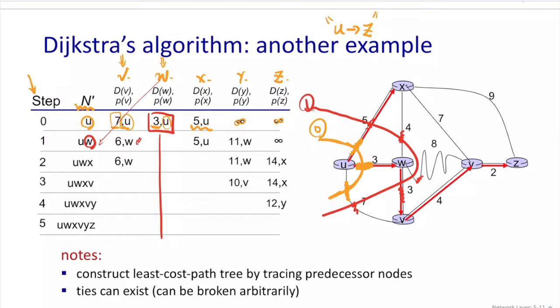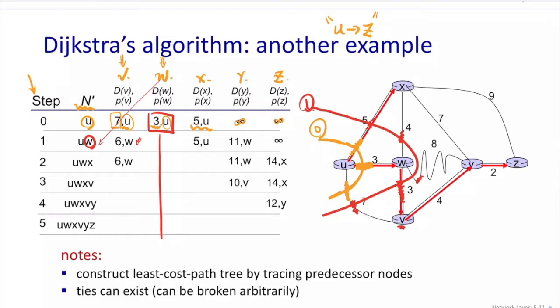The answer is yes. You have two different lines. One is right here, the other is right here, right? So think about one thing. When you include W within this red line, it is possible to find a new path that goes through W, and it has smaller cost.